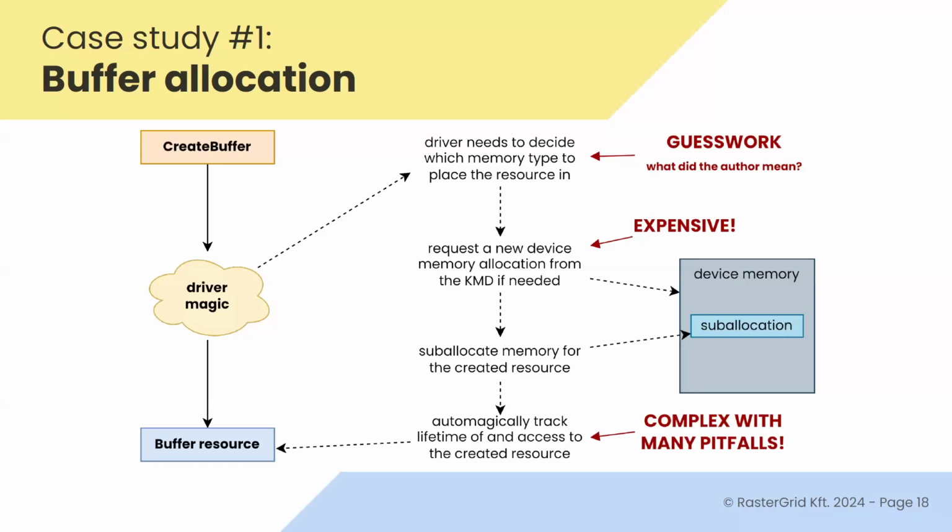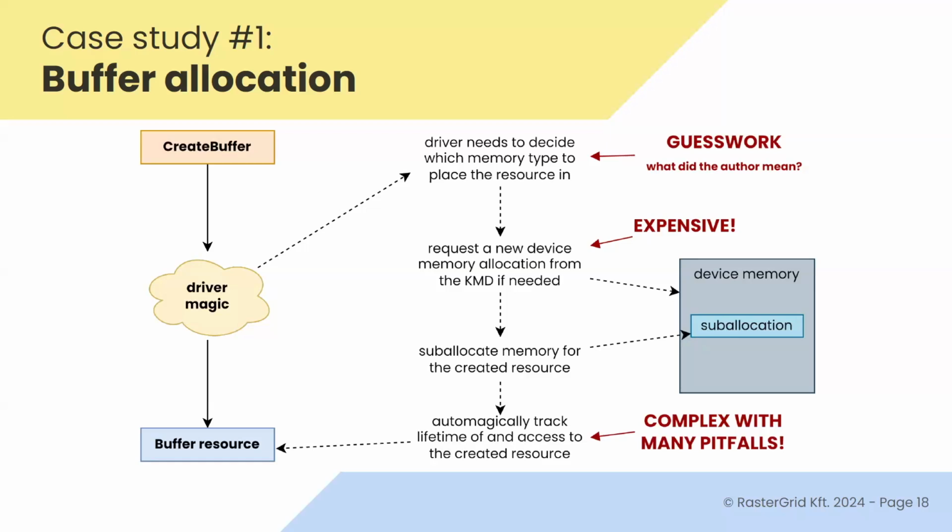Another thing is that in order to actually create an allocation, you have to make a request to the kernel mode driver. Because that's expensive, and also the number of live kernel level device memory allocations is limited by your platform, for performance and other reasons, what drivers usually do is allocate a larger piece of memory and sub-allocate your requested resource within that.